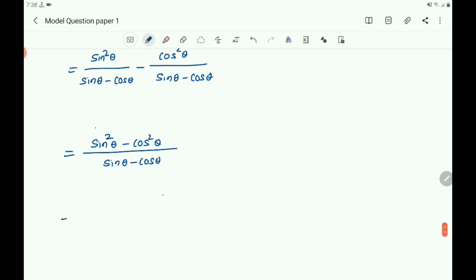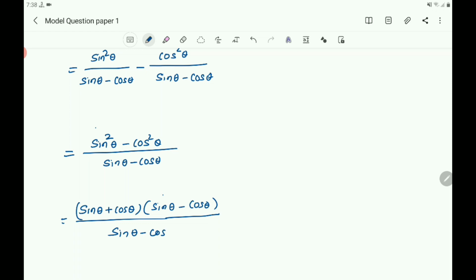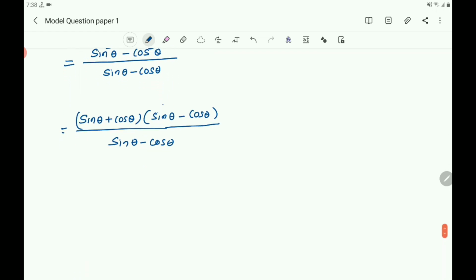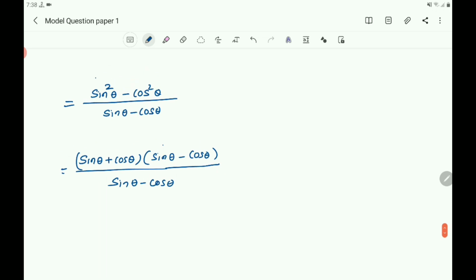Then the factors of this sin square theta minus cos square theta are sin theta plus cos theta into sin theta minus cos theta, divided by sin theta minus cos theta.